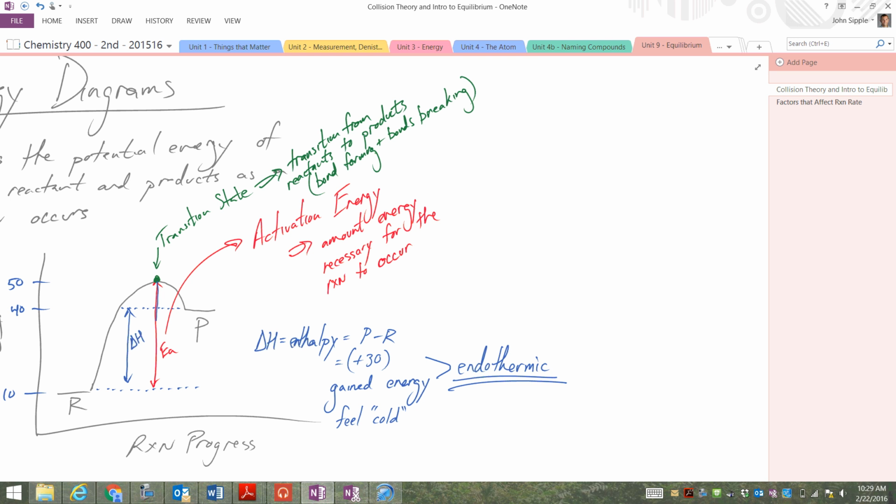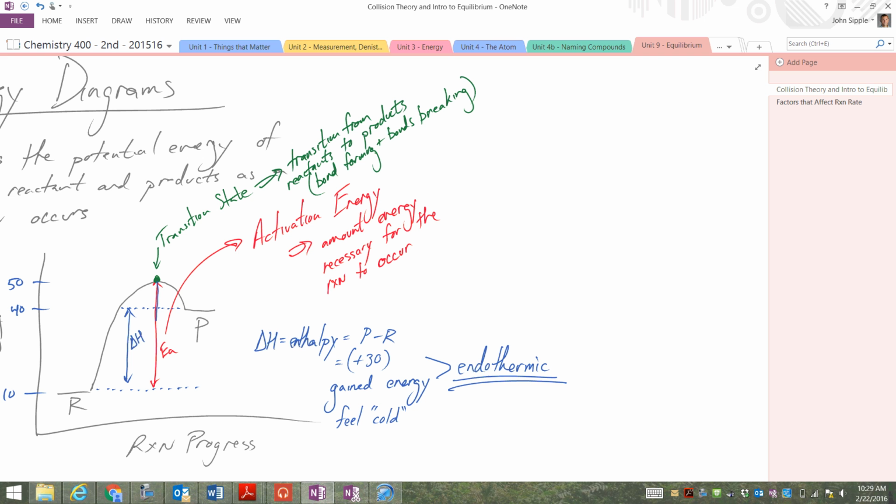Okay, this kind of represents the blue as reactants and the purple as products. The change as you're moving from one to the other is the transition state, right? It's transitioning between reactants and products.